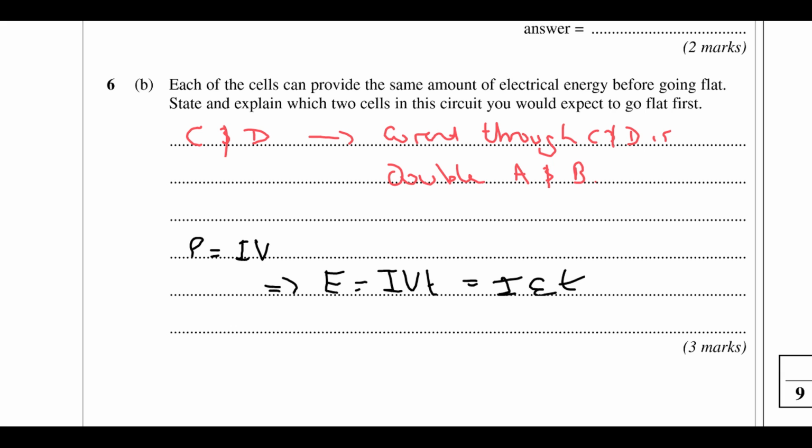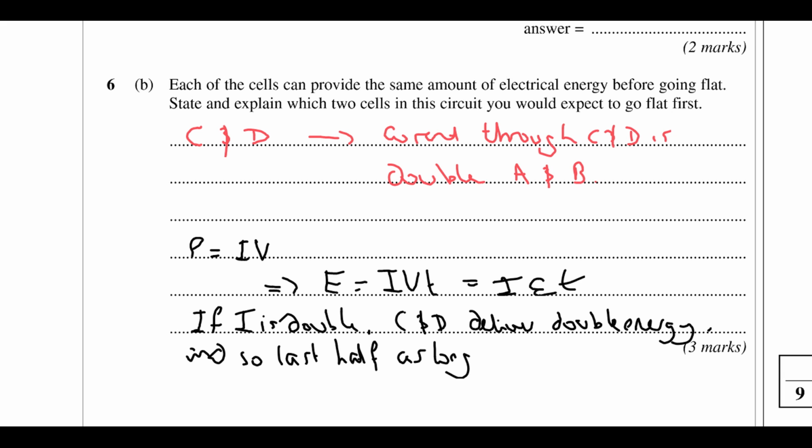So let's put that into words. If you're delivering double the current, you're going to deliver double the energy, so you're going to last half as long as the ones that are supplying half the current, and so half the energy there. That's the logic going on here.